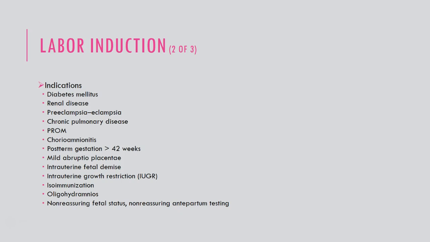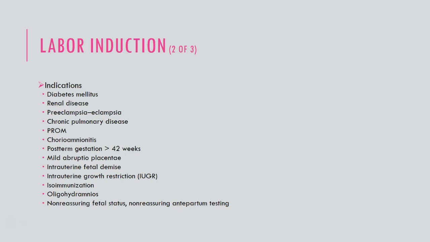Because if babies have intrauterine growth restriction, that means they're not getting something from the placenta that they need nutritionally. So moms who are smokers, moms who have preeclampsia, all those types of issues in the maternal health can affect growth in the baby and cause IUGR. Moms with isoimmunization problems, or babies with oligohydramnios. Those individuals might be candidates for labor induction.